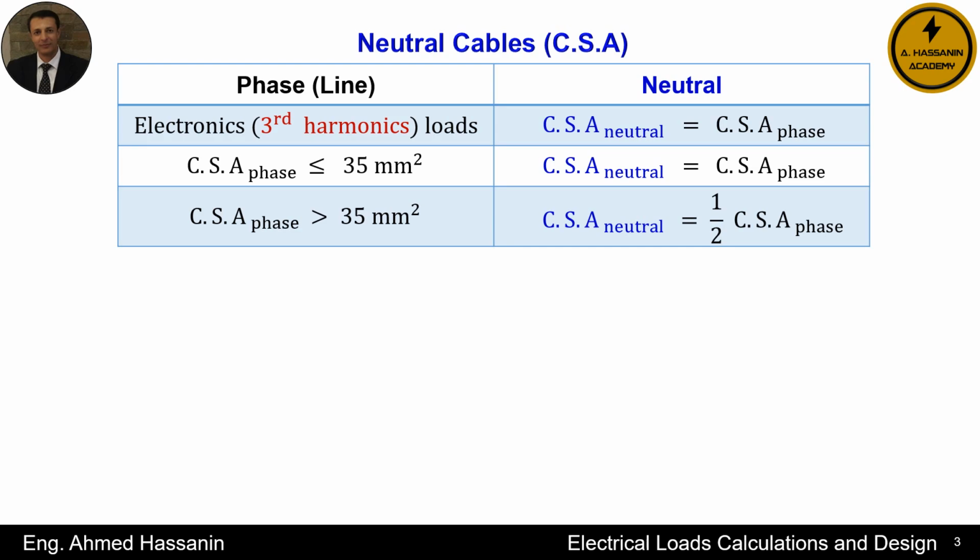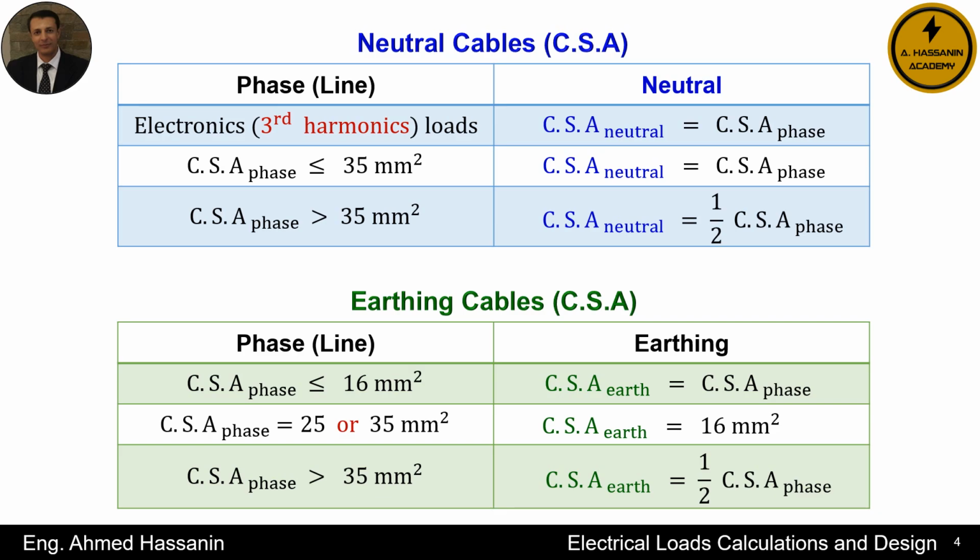Second step, if the cross-section area of the phase conductor is 35 square millimeters or smaller, the neutral conductor should have the same cross-section area as the phase conductor. Third step, if the cross-section area of the phase conductor is greater than 35 square millimeters, the neutral conductor should have half the cross-section area of the phase conductor.